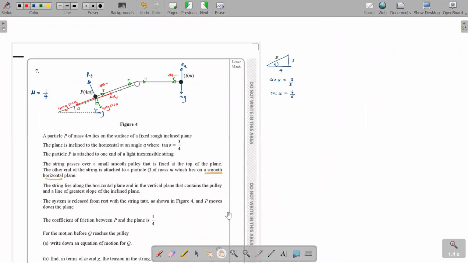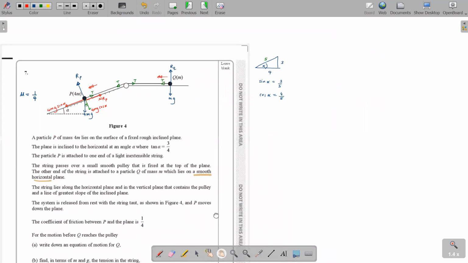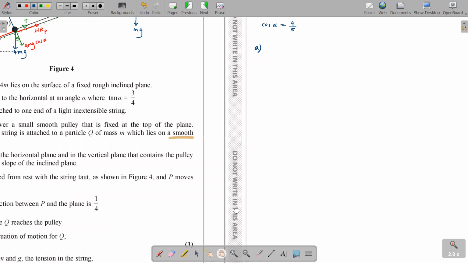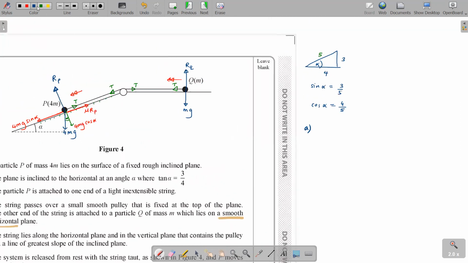Now they are asking us to write down an equation of motion for Q. Always when you're doing a sum, look at the number of marks and decide how much effort you are going to put into that question. You can see here it's just 1 mark, which means minimum effort. So the equation of motion for Q. What's the equation of motion we use in this particular lesson? F equals ma. So use F equals ma on particle Q, and the particle is moving to the left.